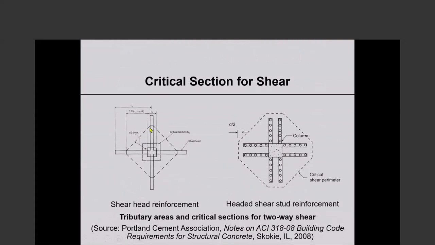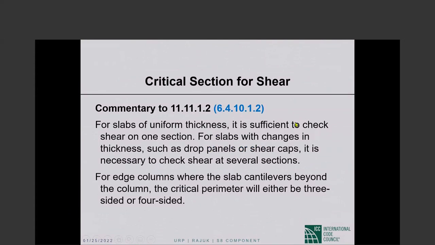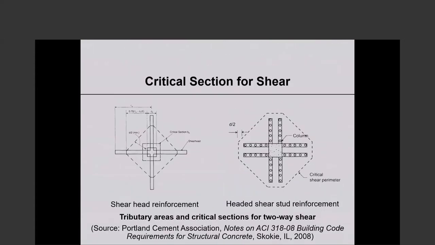Here, we have what is called shearhead, structural steel shapes built into the slab. This I will not discuss. In my opinion, that has now become kind of obsolete. However, this is very important: the welded headed shear stud reinforcement.